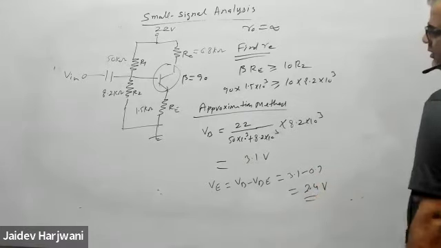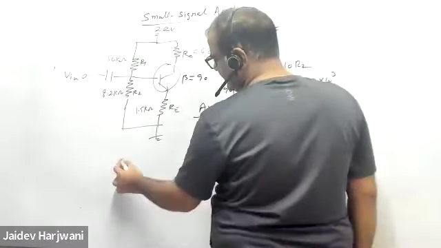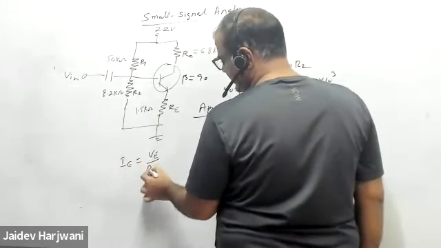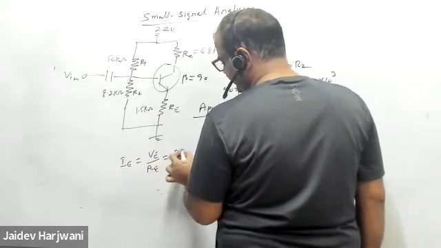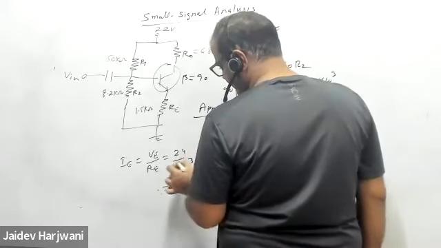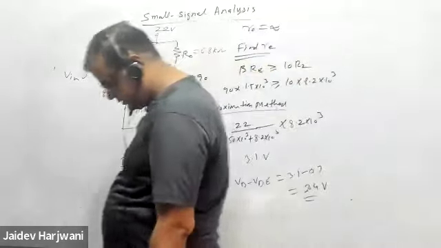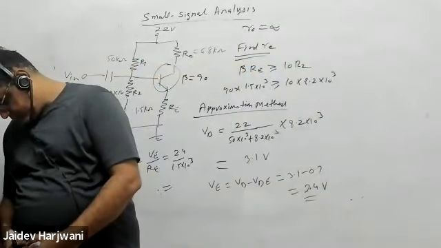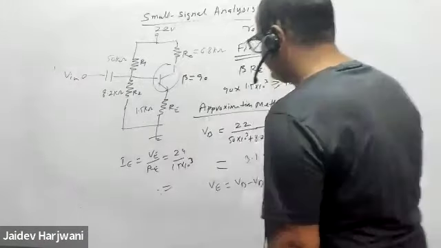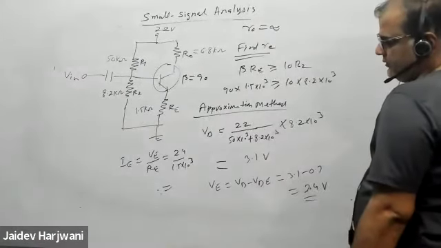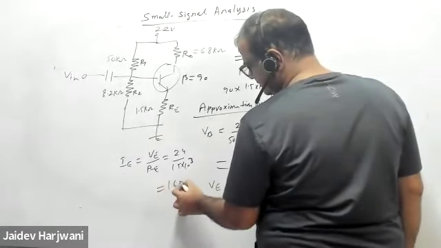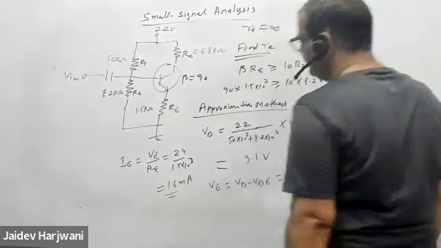Now what is the value of IE? VE divided by RE, 2.4 divided by RE, which is 1.5 kilo ohm. How many milliamperes is coming? 1.6 milliamp.